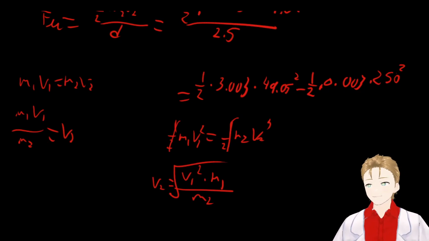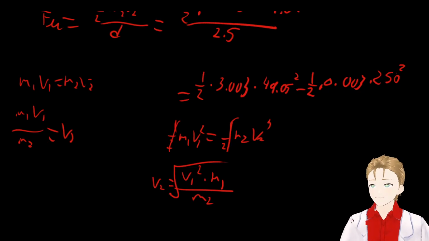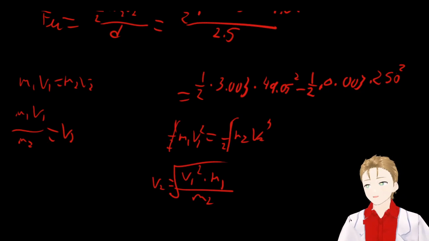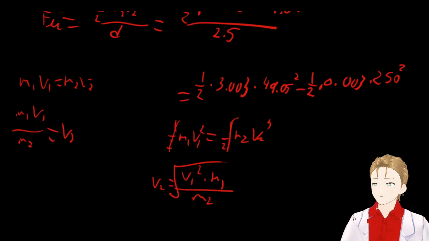No. Difference is 3. Difference is 3. 0. Half times 0.0 is 3 times squared.